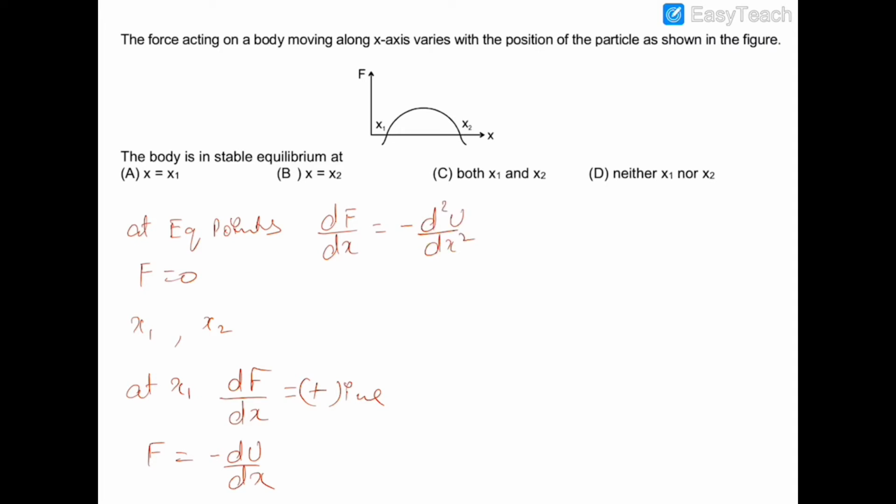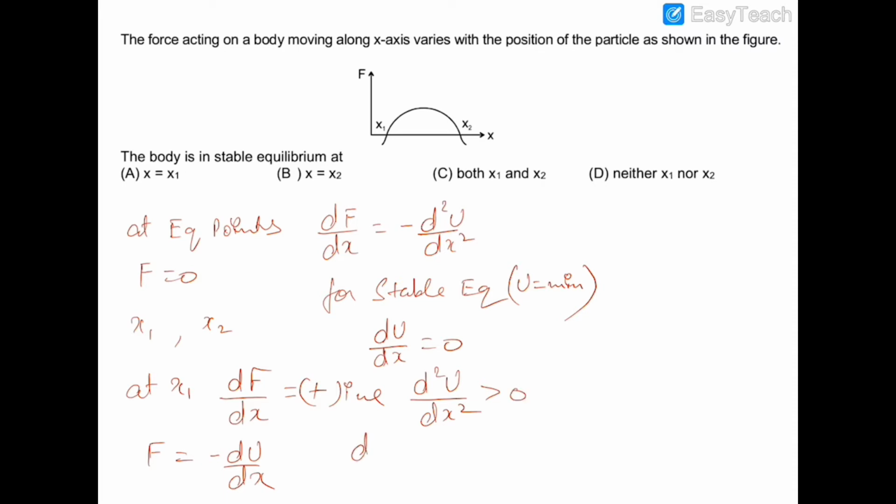Now we know that for stable equilibrium position, du by dx should be 0 as well as d square u by dx square. At the stable equilibrium position, potential energy should be minimum, and considering the analysis of maxima and minima, we know that at the point of minima this double derivative is greater than 0.